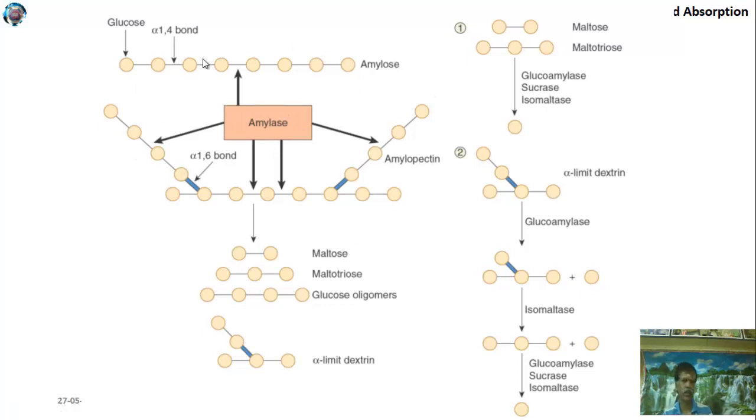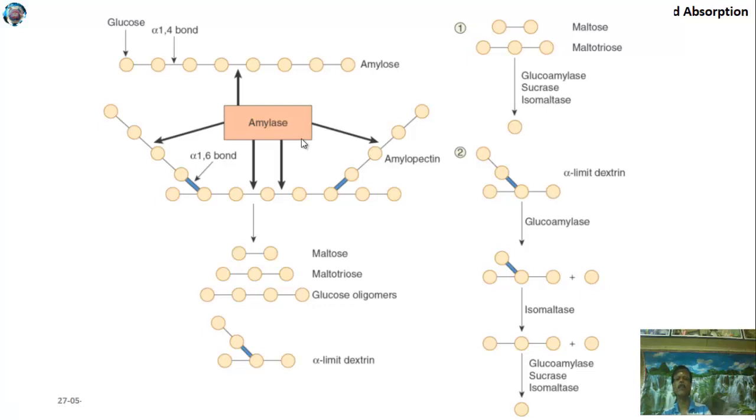Animal starch is called glycogen; in plants it is starch. Both molecules are partially degraded by the amylase present in the saliva. The amylase degrades the amylose and amylopectin parts of starch into maltose, maltotriose, glucose oligomers and limit dextrin. These four products are obtained by the action of amylase in the mouth itself.